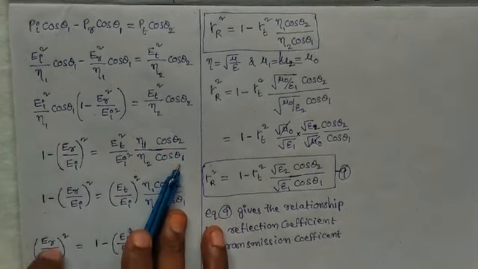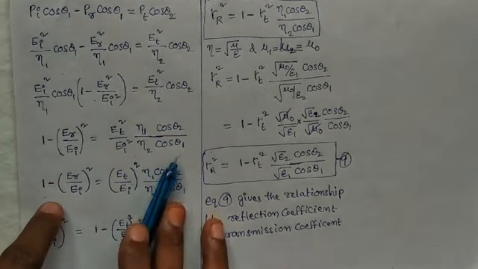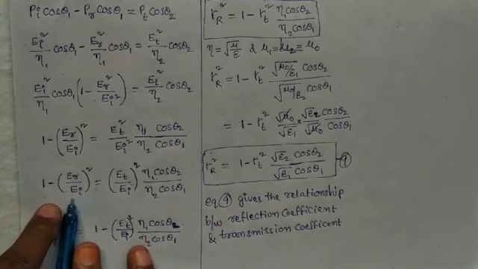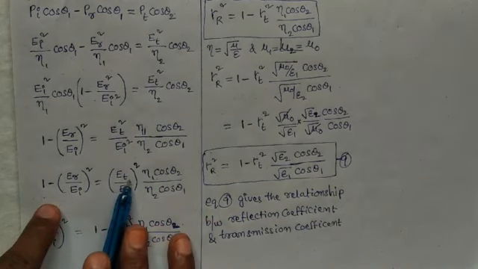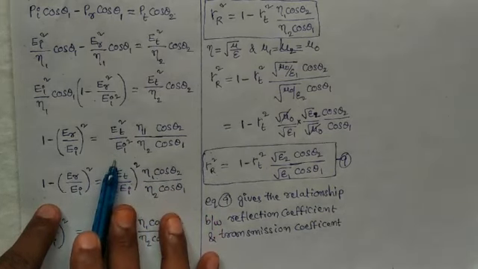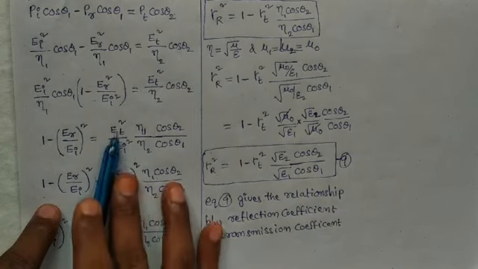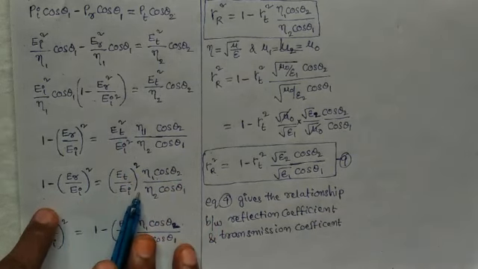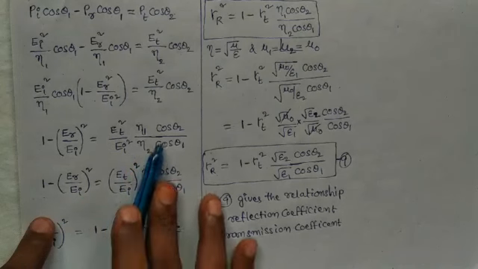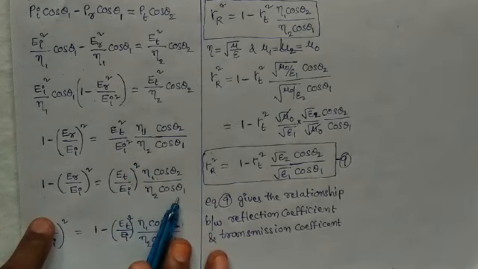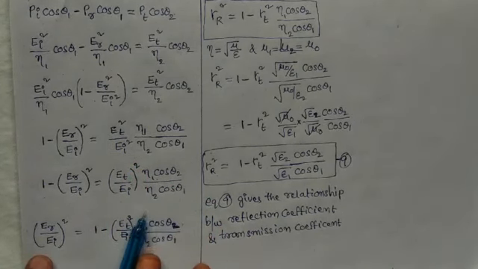I am writing it in whole square form: 1 minus Er by Ei whole square is equal to Et by Ei whole square times eta 1 cos theta 2 by eta 2 cos theta 1.